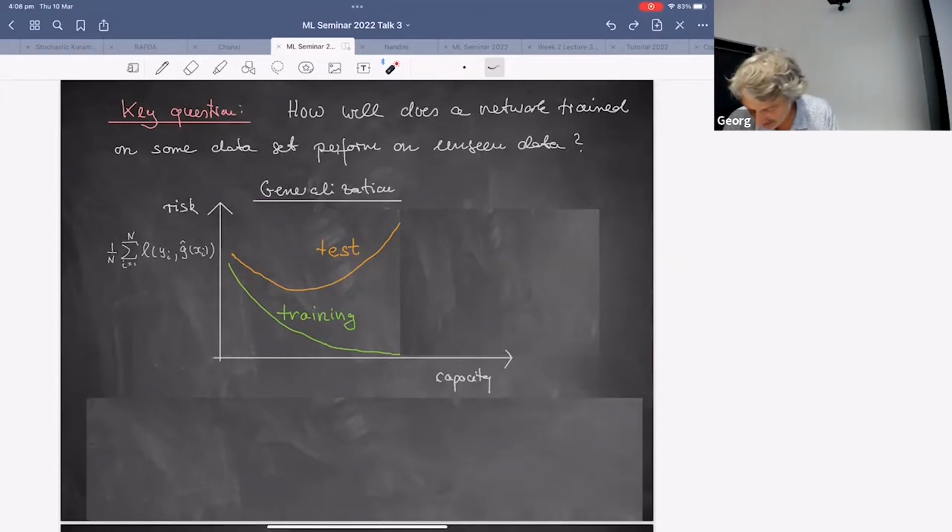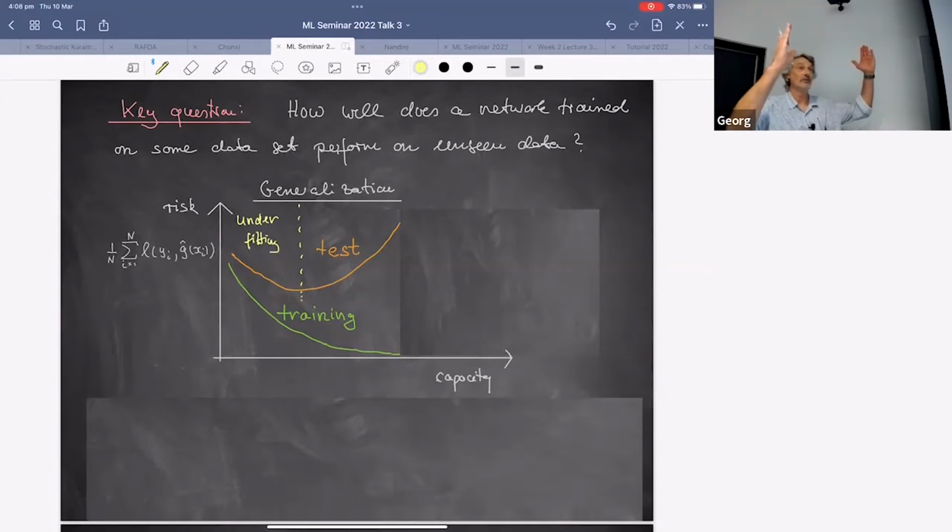So this is a classical picture: past this sweet spot is overfitting. Before it, there is underfitting, where we should increase the capacity, the dimension of the network, in order to still drive down the test error, followed by this classical regime of overfitting.